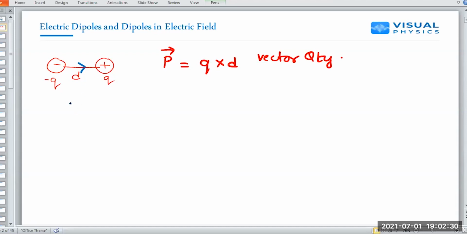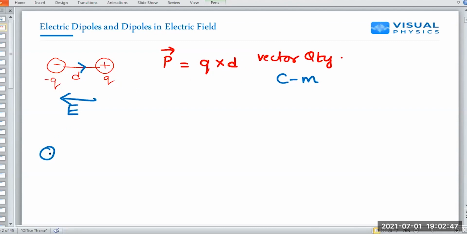Mind it. We take electric field direction from positive to negative, but dipole direction is taken from negative to positive. This point should be noted. Second thing, unit wise, it is coulomb meter.